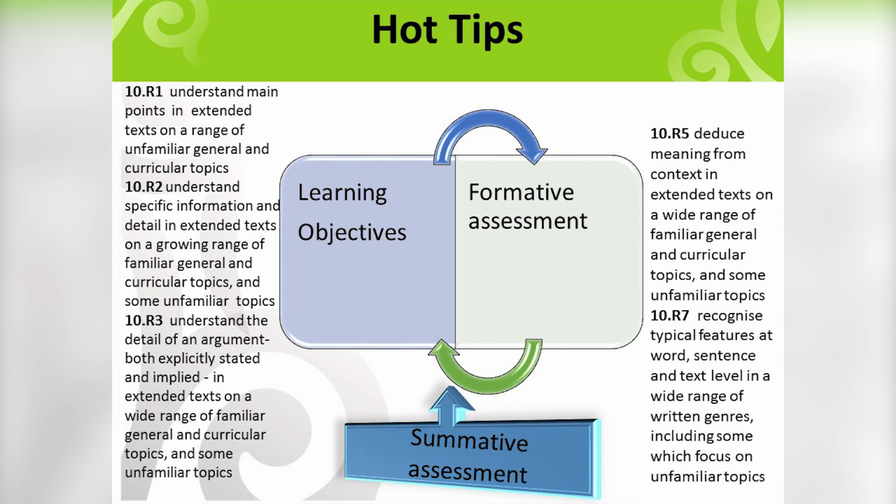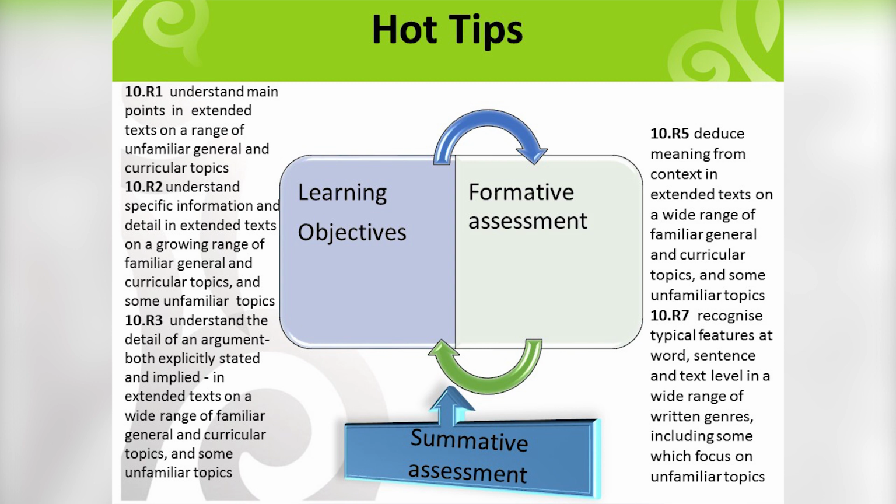The first one, understand main points in extended texts on a range of unfamiliar general and curricular topics. Reading 2. Understand specific information and detail in extended texts on a growing range of familiar general and curricular topics and some unfamiliar topics. Reading 3. Understand the detail of an argument both explicitly stated and implied in extended texts on a wide range of familiar general and curricular topics and some unfamiliar topics.